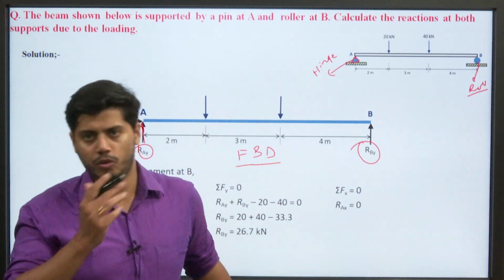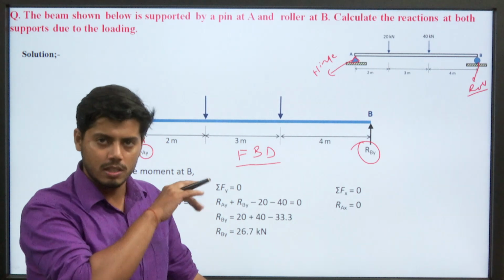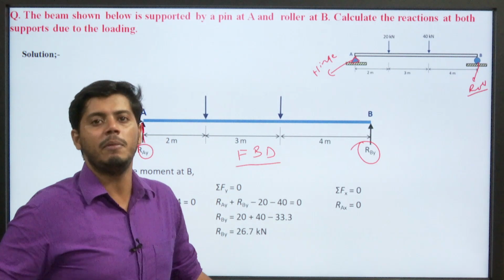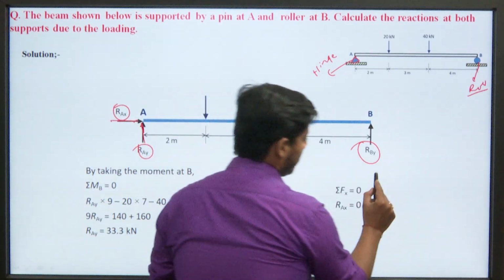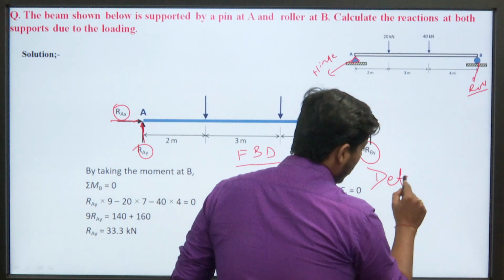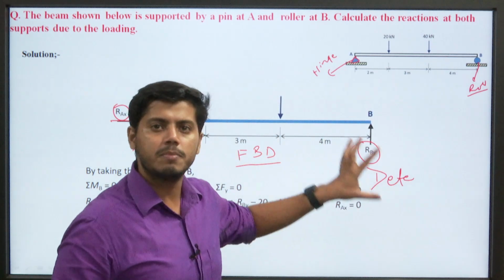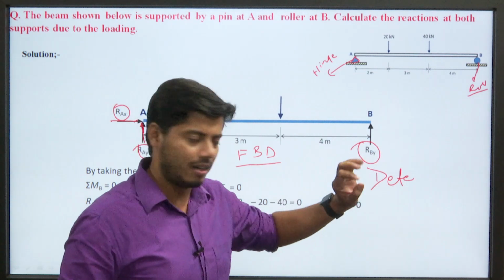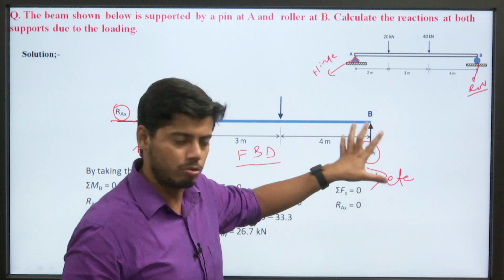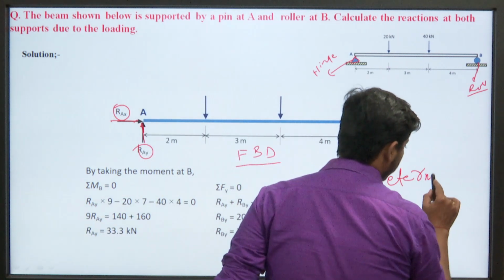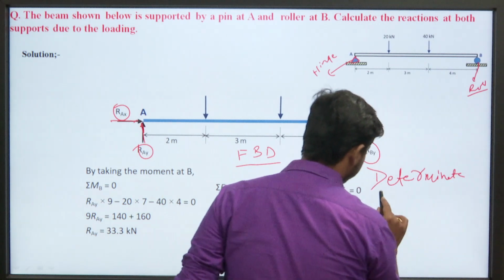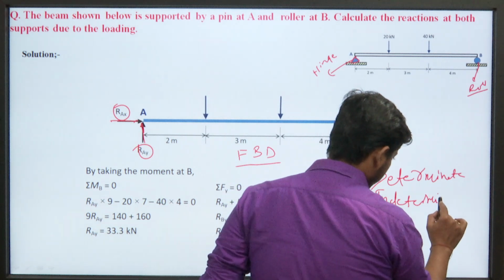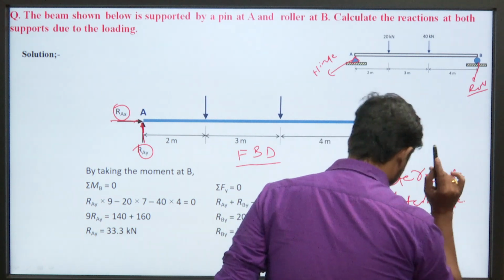Now, before solving this example, let us discuss one simple topic: determinate and indeterminate structures. This topic is mainly discussed in the structural analysis subject, but here is a slight introduction to it.